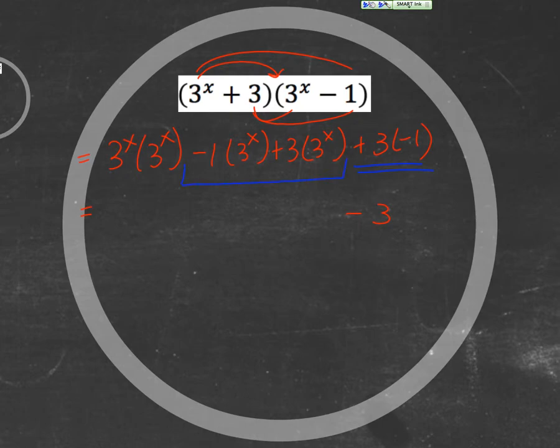If we look at these two terms in the middle, they both have 3 to the x. So what I can do is combine like terms just like I would if it was an x and an x. So 3 to the x doesn't change, but I can add or subtract the numbers out front just like I would with coefficients. So negative 1 plus 3 is 2.